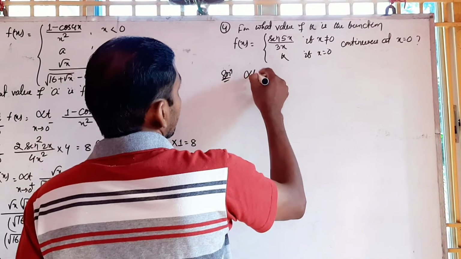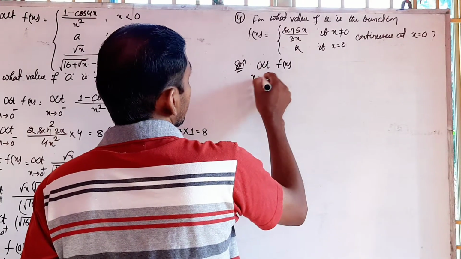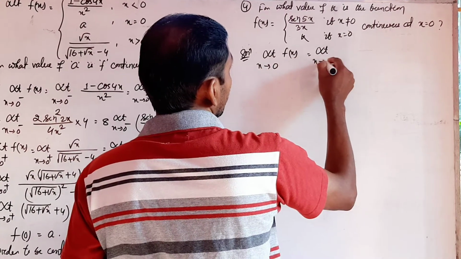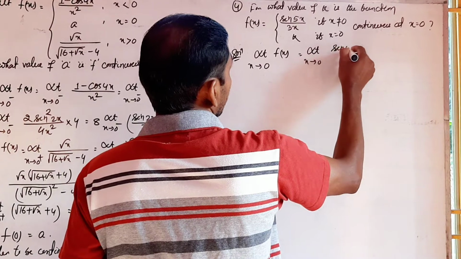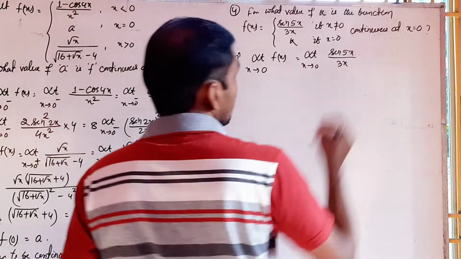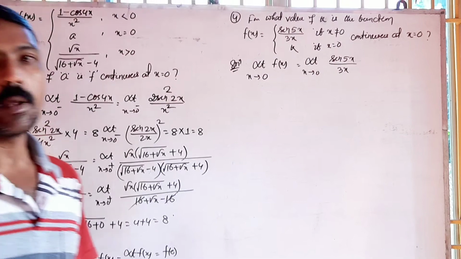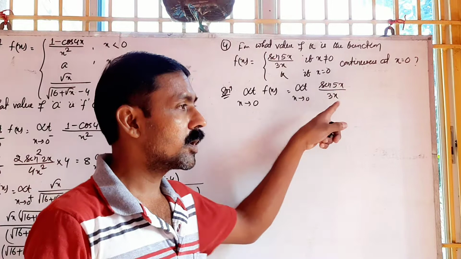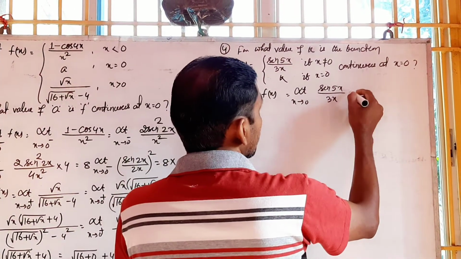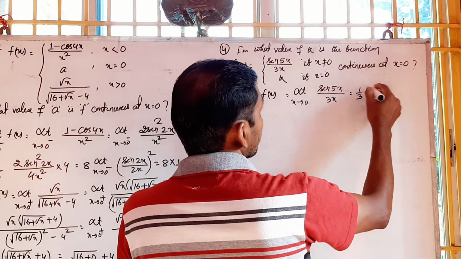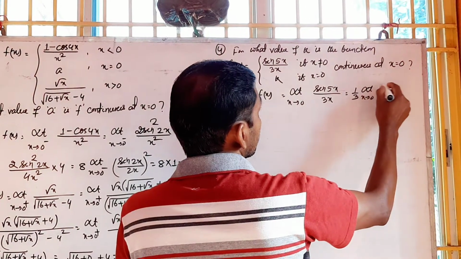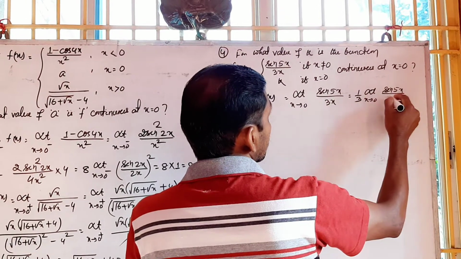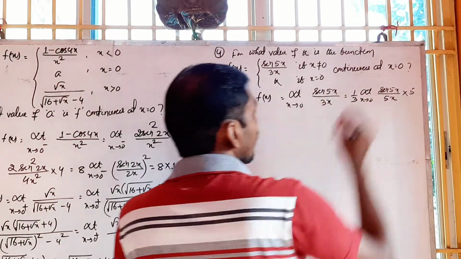So here first we will find limit of f of x as x tends to 0, and limit x tends to 0 it is sin 5x by 3x. Now here you look, numerator 5 is there, denominator 3 is there. So it should also be 5, so you have to multiply and divide by 5. So these 3 you can take outside, 1 by 3, then you can write limit x tends to 0 of sin 5x by, here only x is there, so we have to multiply and divide it with 5.